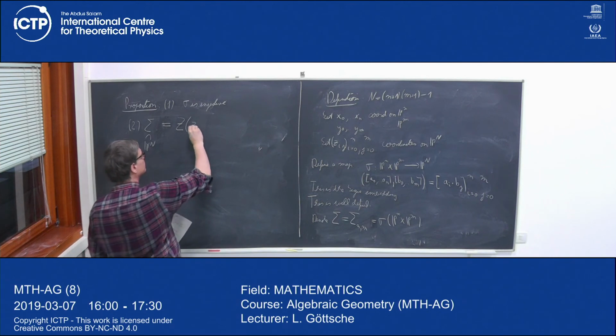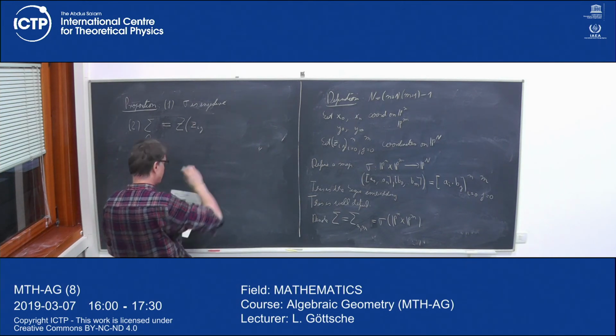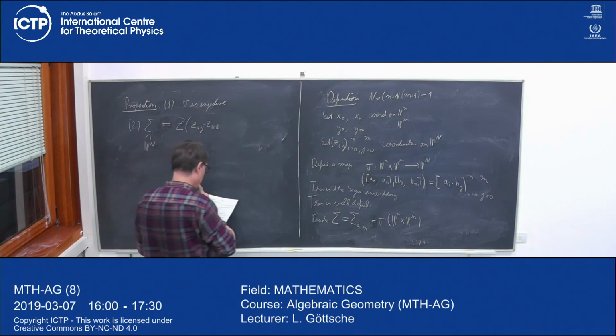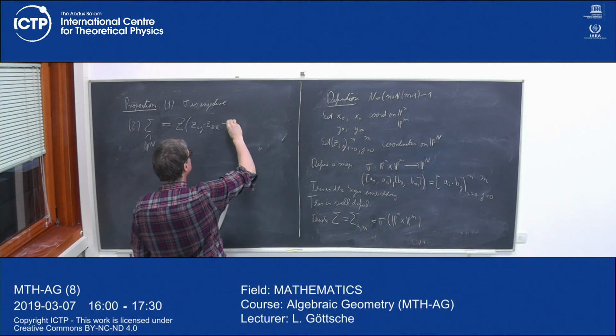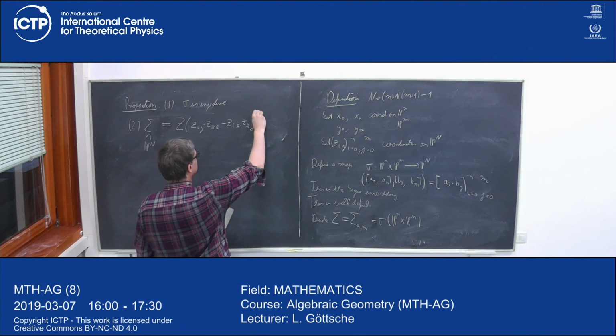I take Zij times Zkl minus Zil times Zkj.